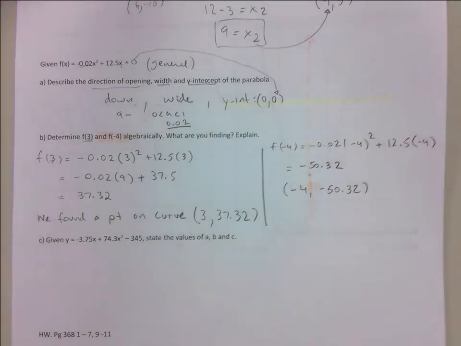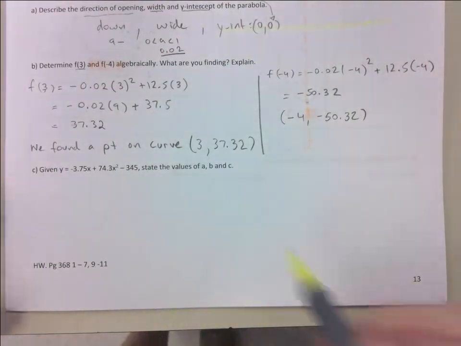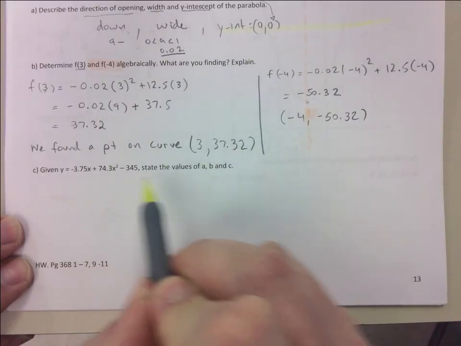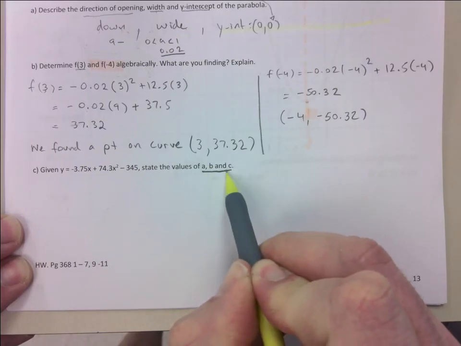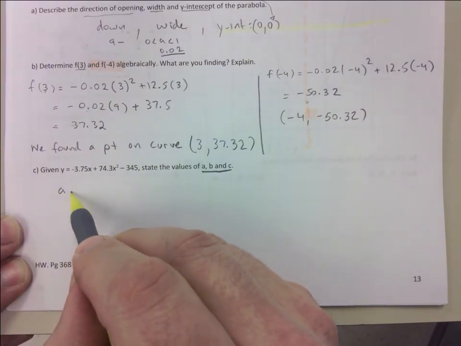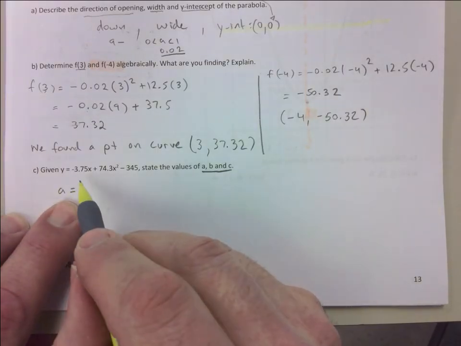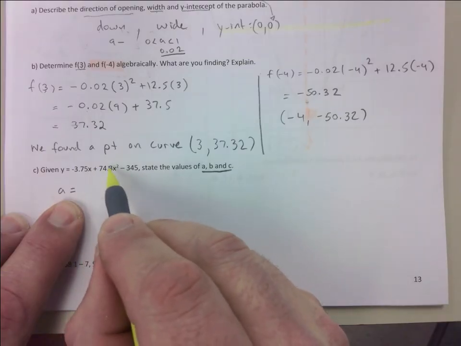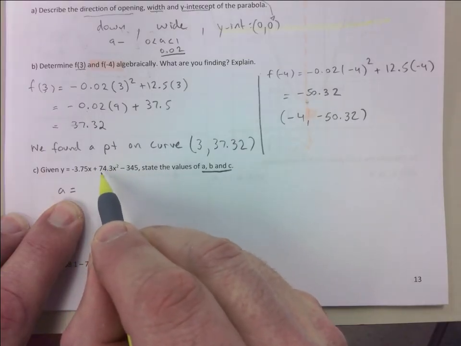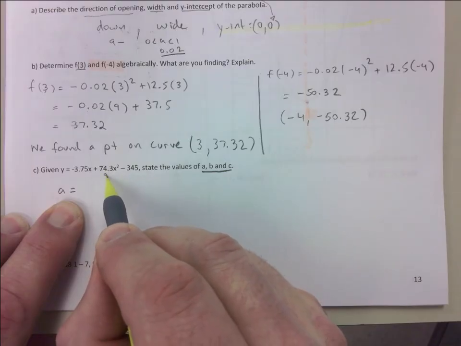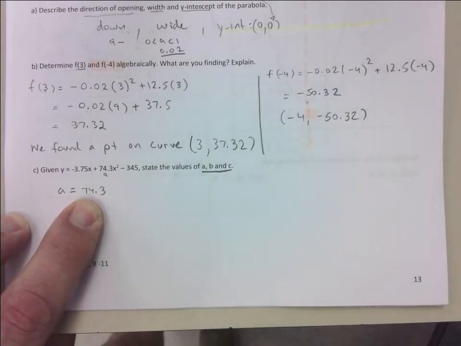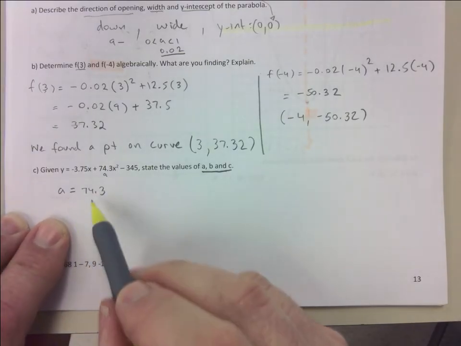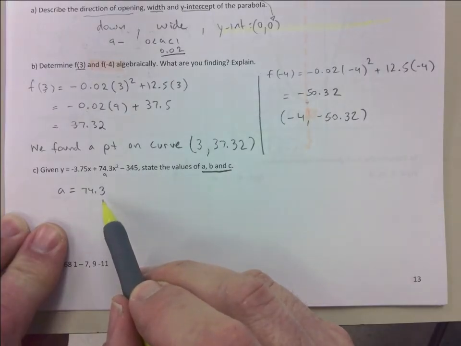All right. One more thing here. Given this, I'm going to ask you from time to time, give me what A, B, and C is. So what would you say A is equal to? 74.3, right? This is the A value right here. So 74.3, please don't give me X squared, anything like that, just the sign and the value.